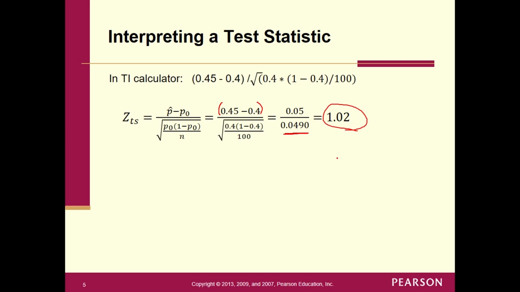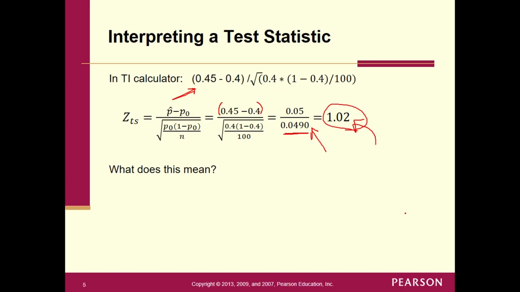Honestly, I'd rather leave all those decimal places in your calculator. If you calculate the whole thing like this, you don't have to worry about rounding until the end. But if you're going to do it in little pieces, do not round this to 2 decimal places. That needs to be like 4 or 5 or maybe all 9 of your values in your calculator. What you want to round is this value right here to 2 decimal places. Do not round to 2 decimal places before that, and you're going to get massive rounding errors. So please keep that in mind.